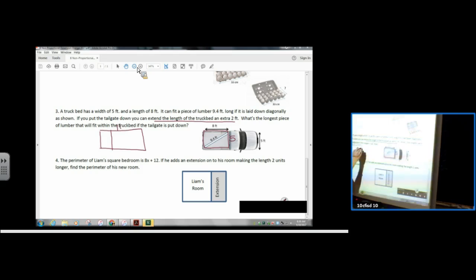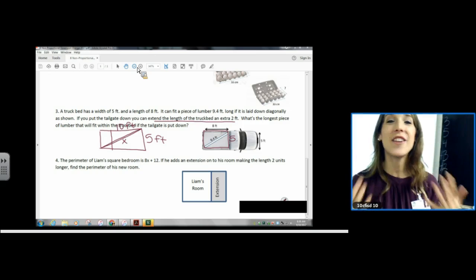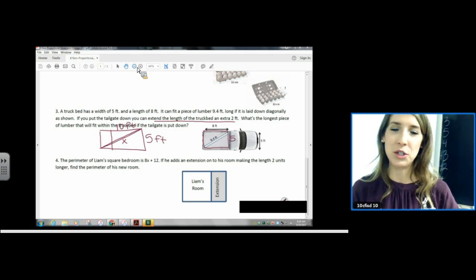So now it's not 5 by 8, it's 5 by 10. What is the longest piece of lumber that will fit in our new rectangle that has different dimensions that's not proportional? So there's no trick to it.